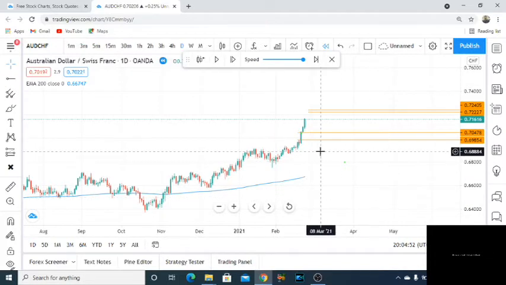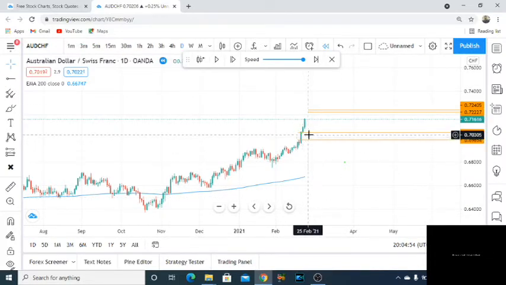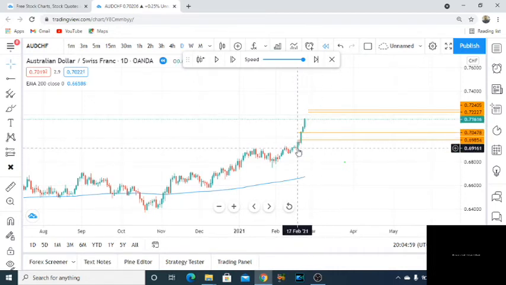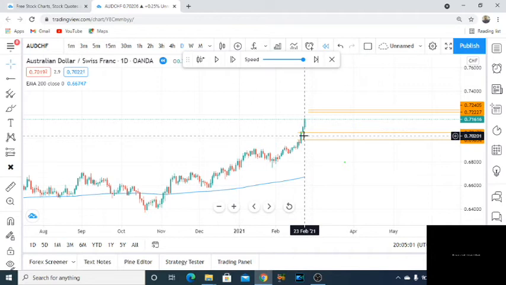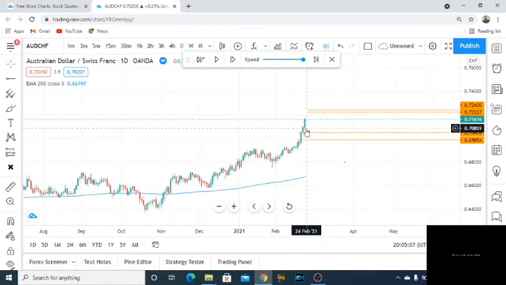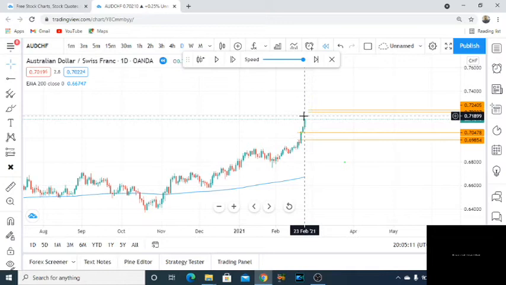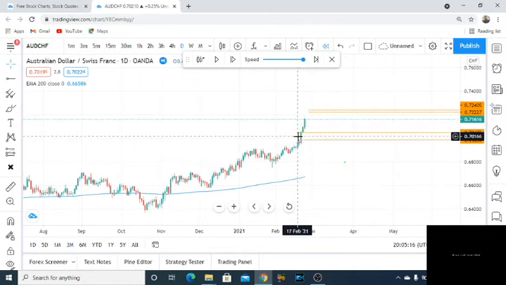This area is an imbalance, because there is no selling, only buying. Only buyers were involved here. There are no sellers, so this area we consider as an imbalance.